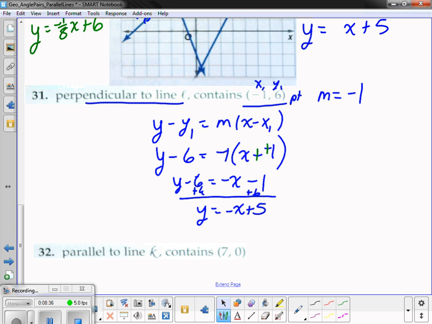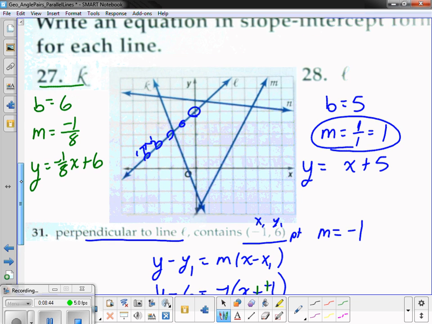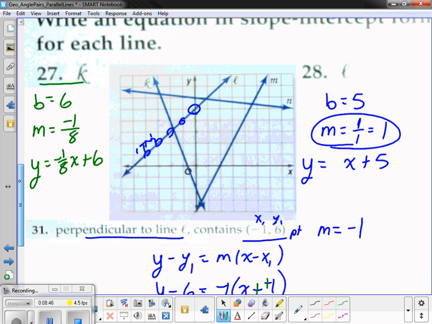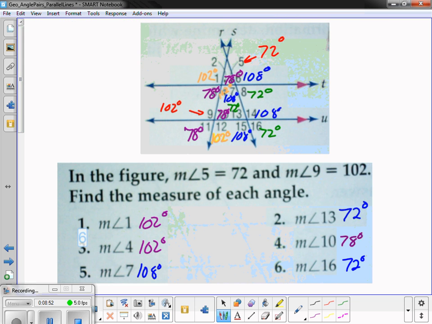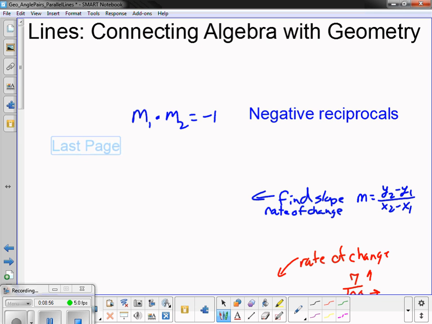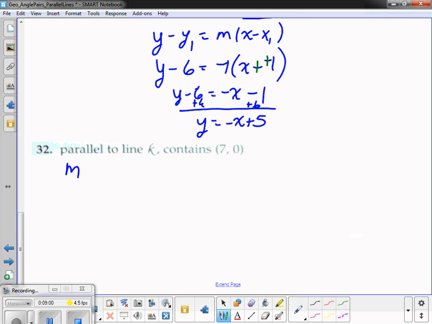Okay, so let's try a different one. Let's say I want a line parallel to K, and it passes through the point 7, 0. Well, K's equation was over here: negative 1/8 x plus 6. If I want it parallel, what does that tell us about the slope? It tells me that the slope has to equal negative 1/8.